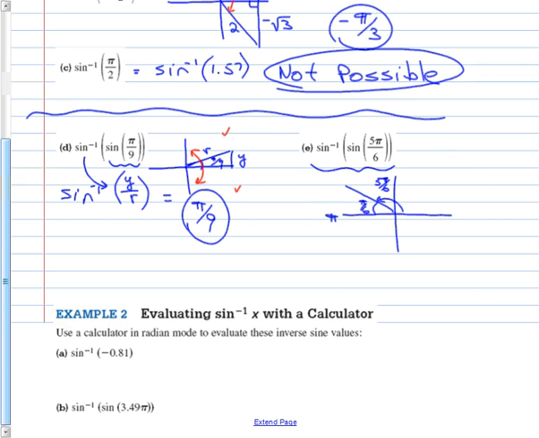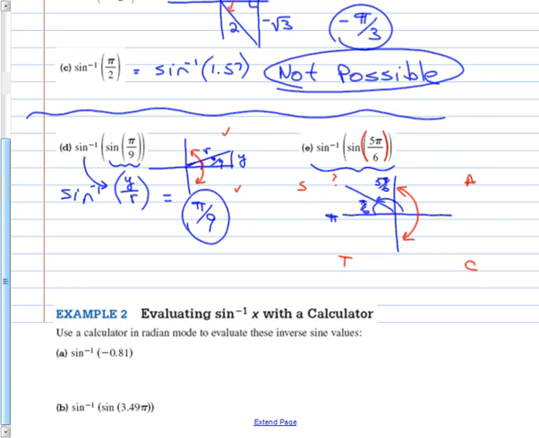That's not in the defined region. Now, is sine positive or negative over here in quadrant 2? Positive, ASTC. So when they give me an angle, when I'm doing this double reverse thing of the inverse sine of the sine, when they give me an angle that's outside of the defined region, I need to write the angle in the defined region that gives me the same answer.